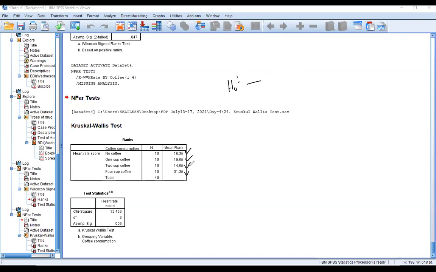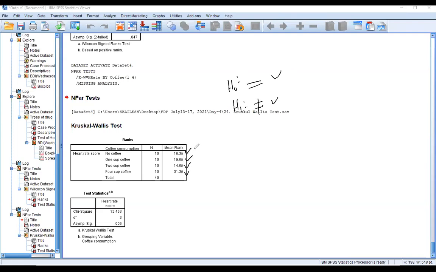All four groups. But the alternate hypothesis says no, there is a difference, not equal. So from the data we can say 16.35 is different from 19.65, 14.65. Sorry, all values are different.